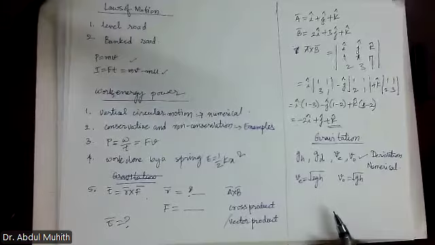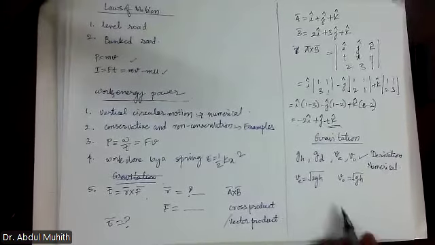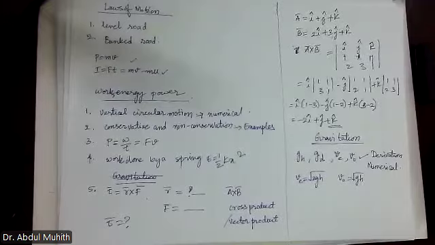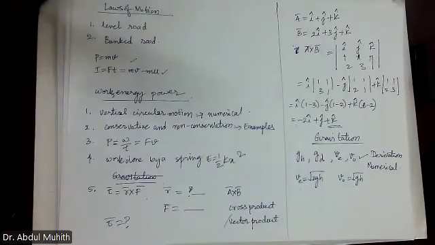Now, does the escape velocity depend upon the mass of the planet, how it is proportional, if it depends. And the same way for orbital velocity, does it depend upon the mass of the planet on which it is revolving? The escape velocity is inversely proportional to mass.